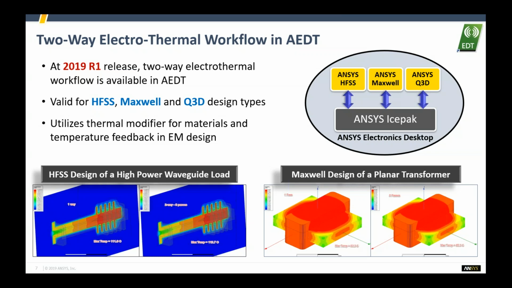HFSS is the high frequency simulator, Maxwell is for low frequency power conversion and power transfer applications, and Q3D is for parasitic parameters at the component level, mainly for bus bars, transistors, cables, touch screens, those kinds of applications.